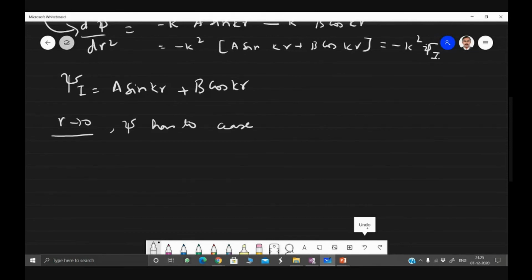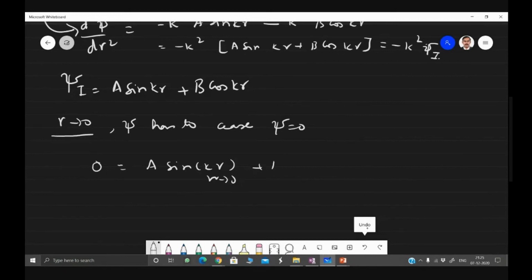As r approaches 0, the wave function should vanish, or it should be equal to 0. So if you consider this condition, then we have psi is equal to 0 when r tends to 0.